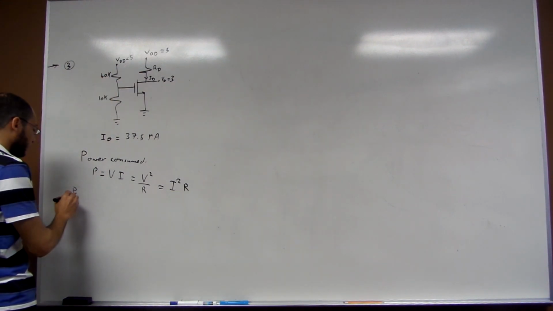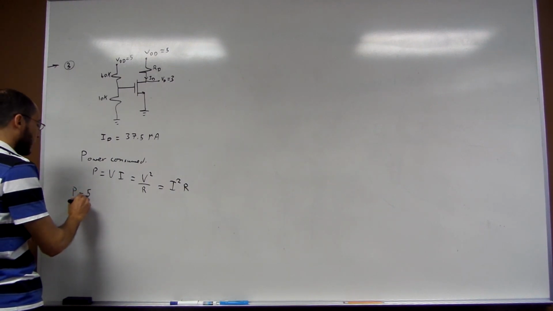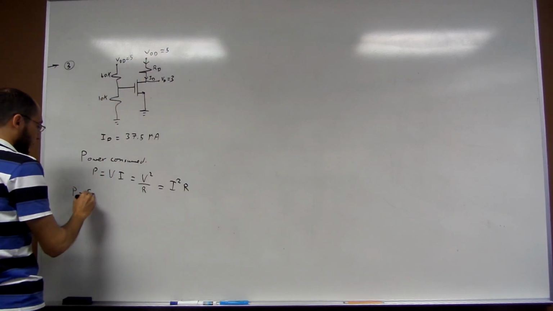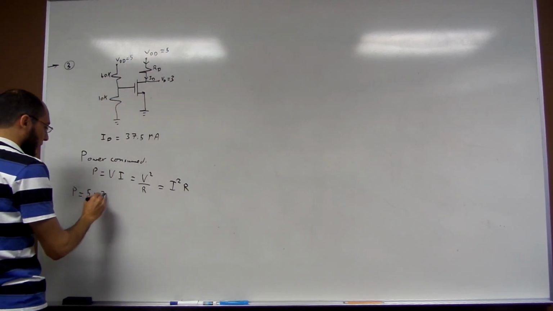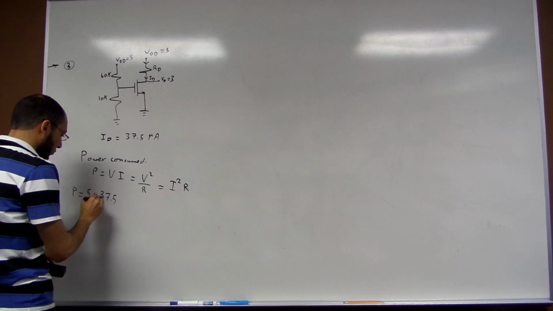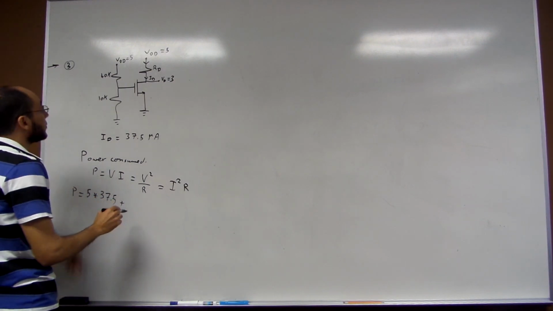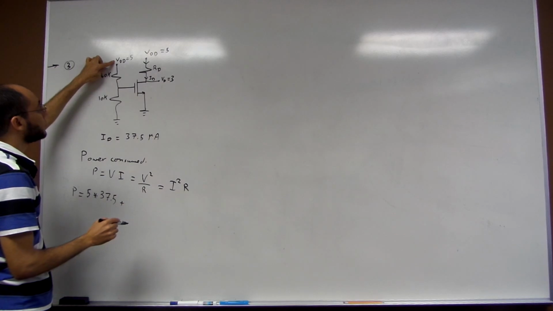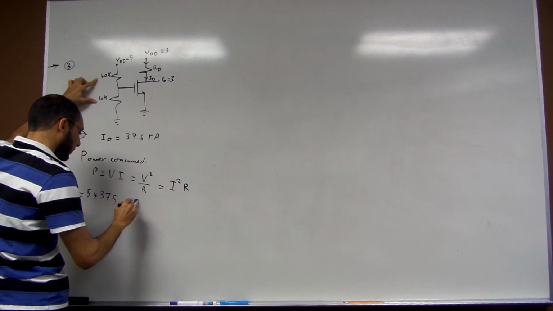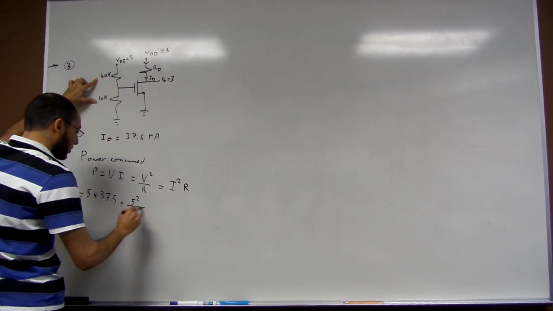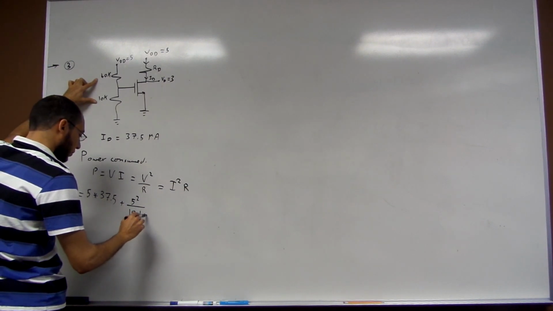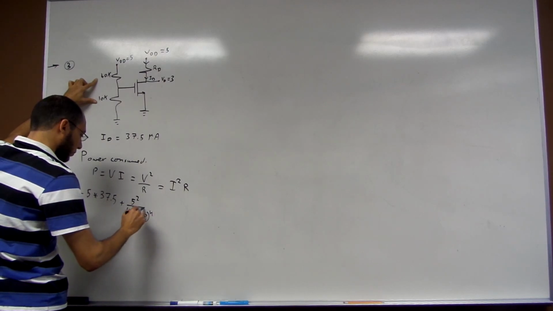So the power consumed from the battery is 5 volts multiplied by the current ID, 37.5, plus the voltage squared, which is 5 squared, over these two resistors, which is 10 plus 40, and that is in kilo.